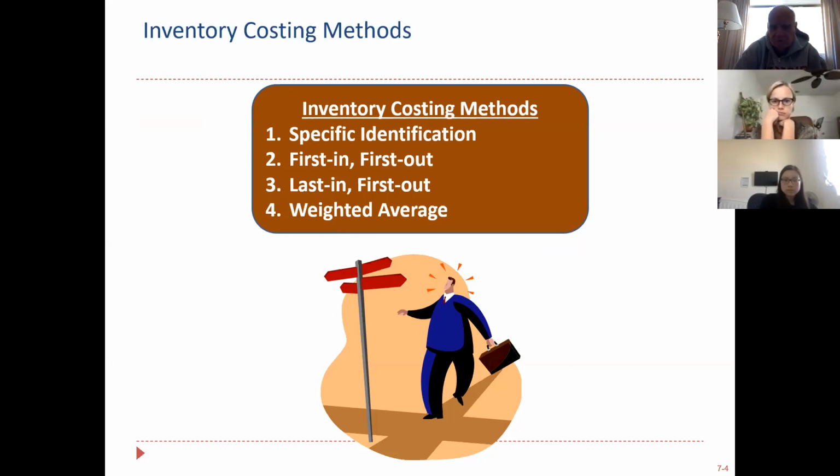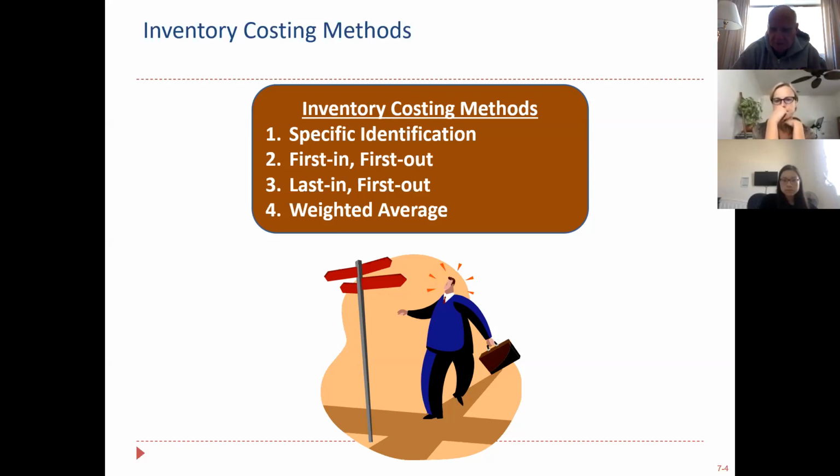FIFO, first in, first out; LIFO, last in, first out; weighted average; specific ID. FIFO, first in, first out. We're going to pretend, and I'm using the word pretend deliberately, that we're always selling the oldest item in our inventory first.